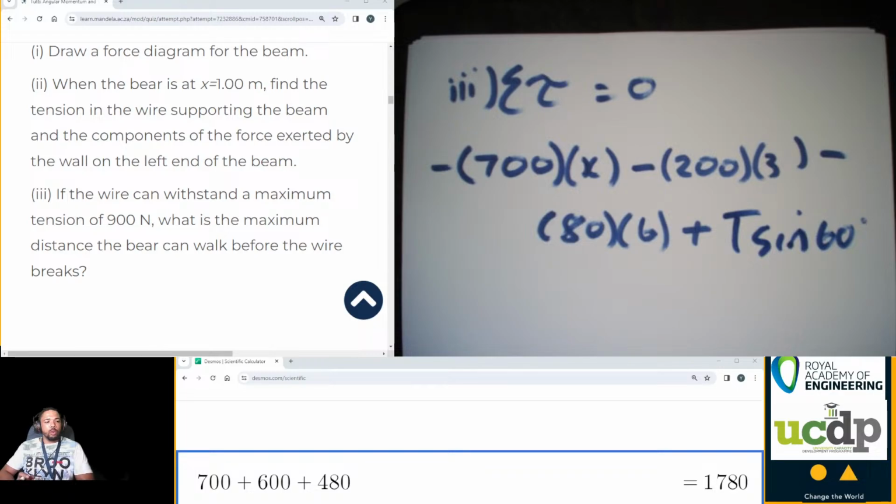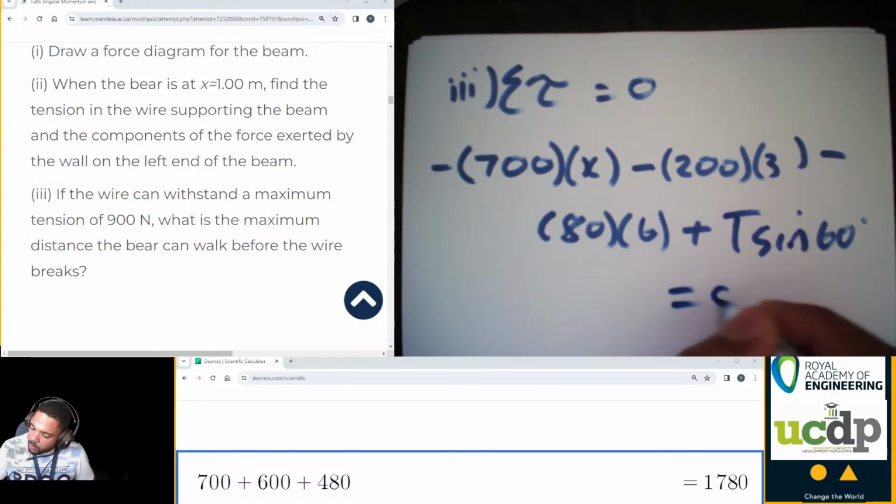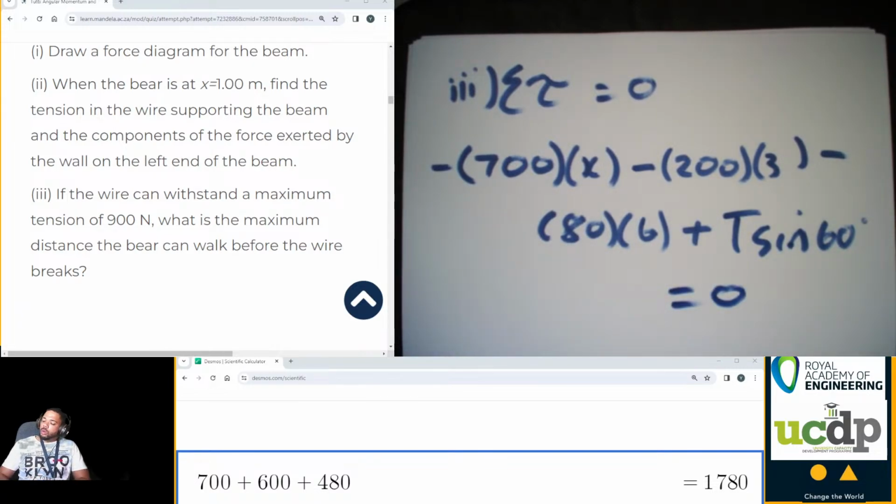So those are all the forces acting on this beam, and they should all be equal to 0. Now we just work out the value of x. It's just simple math. If you work out the algebra, you find that x is equal to 5.14 meters.